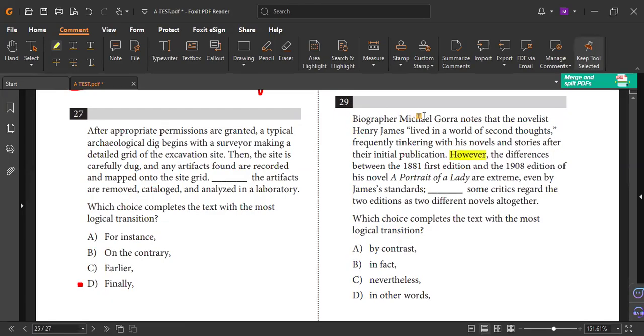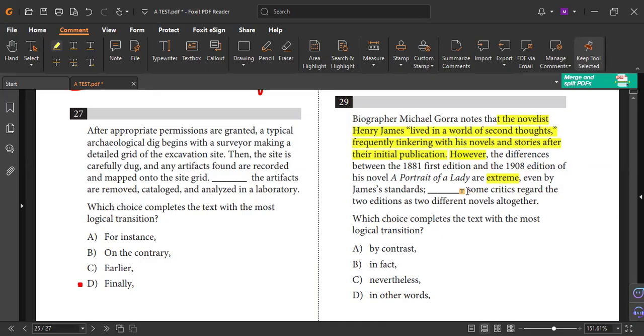Yes or no? Yes. That is the first idea, so this is opposite to the preface. The differences between the 1881 first edition and the 1909 editions of his novel are extreme, opposite or not opposite, even by James's standards. That means this one is opposite to the preface.